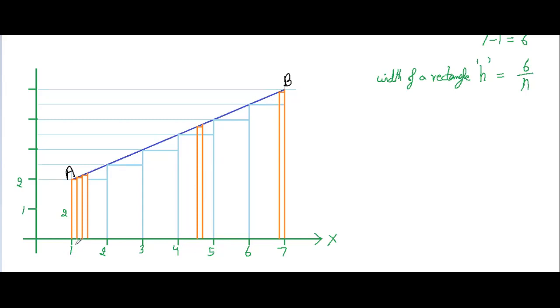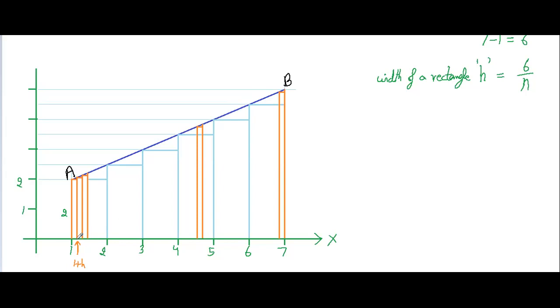This number is 1. As the width of each rectangle we are taking as h, what will this number be equal to? This will be 1 plus h. Now I will go very slow. Is this point clear? By the arrow I am representing this point.